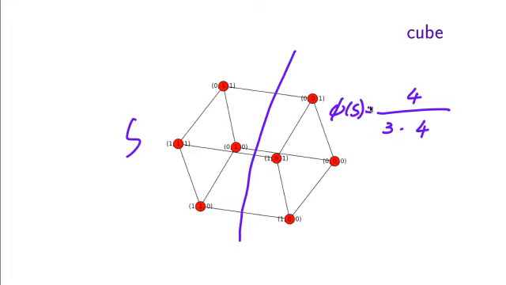So the expansion of this cut, which turns out to be the minimal expansion of all cuts, and so it's also the expansion of the graph, is 1/3. And indeed, in general, if you look at a k-dimensional hypercube, the expansion will be 1/k.